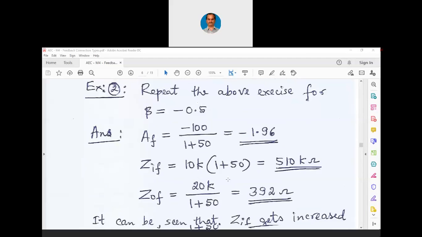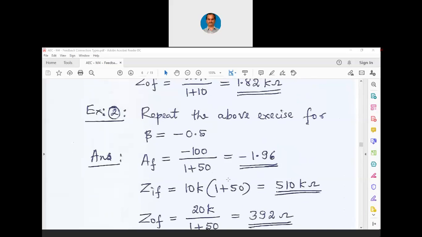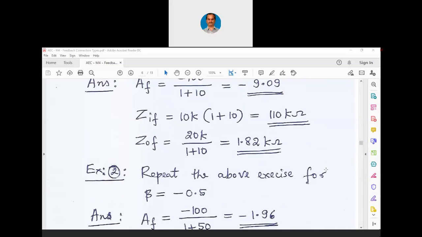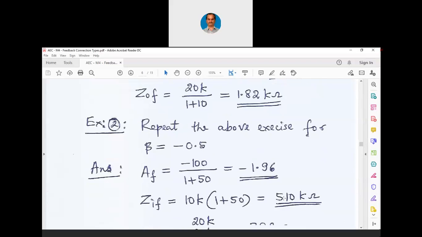So now substituting the same values, AF equals minus 100 divided by 51, that is minus 1.96. You can see here the gain was minus 9 when beta was 0.1. Here now the gain is minus 2 when the beta is 0.5. That means gain is further reduced.